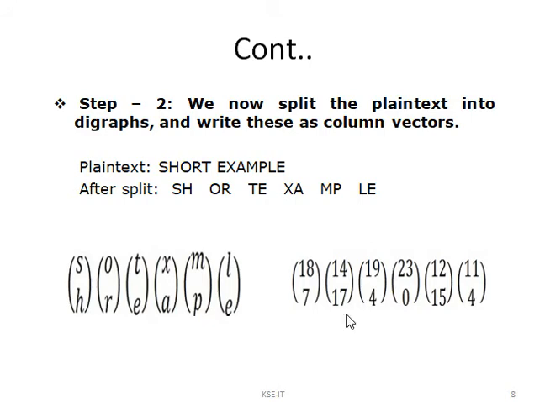And then write down the equivalent numeric values for all these column vectors. For SH, you will get the equivalent numeric column vector as 18, 7. For the OR column vector, you will get 14, 17. Do the same thing for all these column vectors.